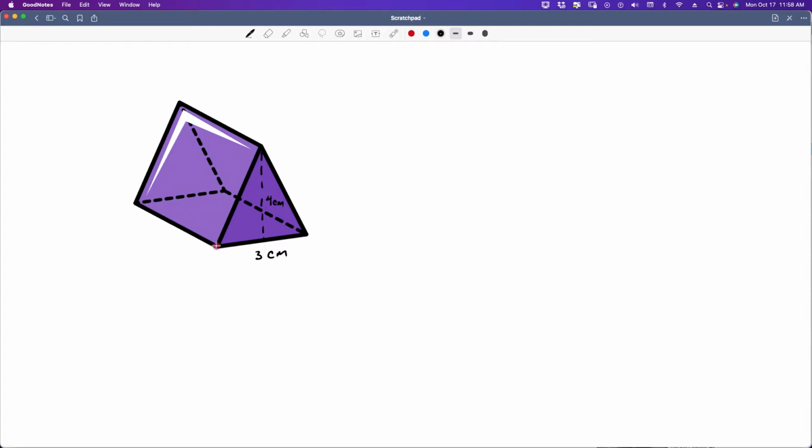Now this slope right here is 5, okay? This slope is 5 centimeters, and this length here is 6 centimeters. The slope on this side is also 5 centimeters.